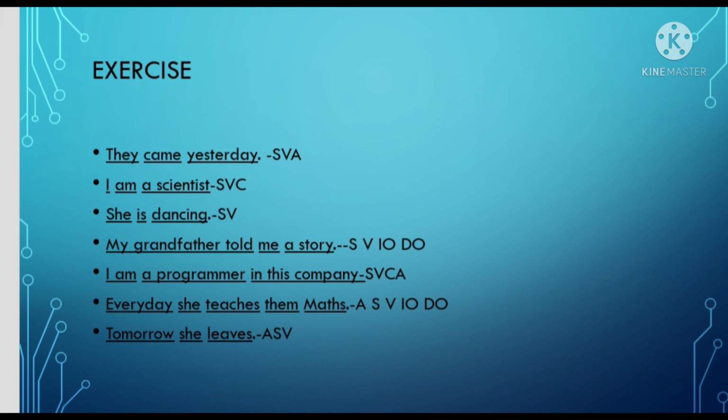Then next sentence. Every day she teaches them maths. So here every day is the adjunct. She is the subject. Teaches is the verb. To whom? Them. Them is the indirect object. What? Maths. So it is the direct object. Tomorrow she leaves. So tomorrow is the adjunct. She is the subject and leaves is the verb.